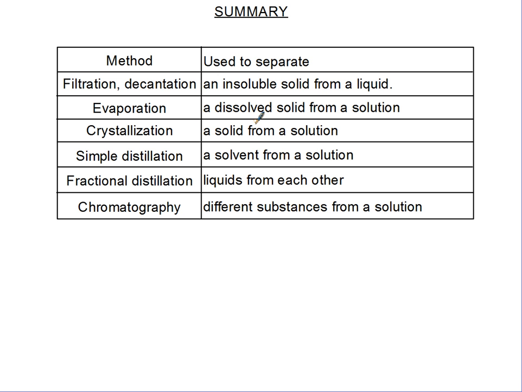Evaporation is used to separate a dissolved solid from a solution. Crystallization, a solid from a solution. Distillation, a solvent from a solution. Fractional distillation, liquids from each other. Chromatography, different substances from a solution.